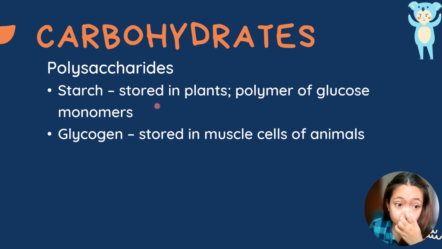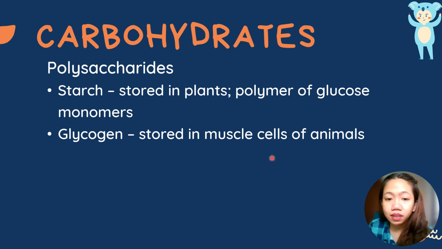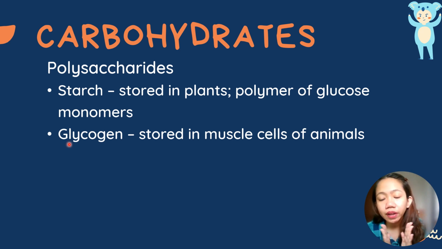Next, glycogen is stored in the muscle cells of animals. So it is also, like starch, a form of storage, but specifically for animals only. So you can imagine that glycogen is present in muscle cells so that the human or the animal will have ready access to energy, because that's what carbohydrates are, right? They are the ready source of energy for animals.